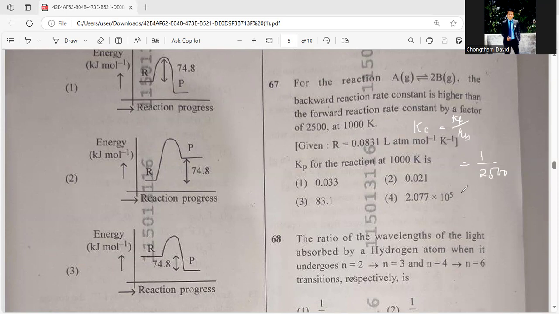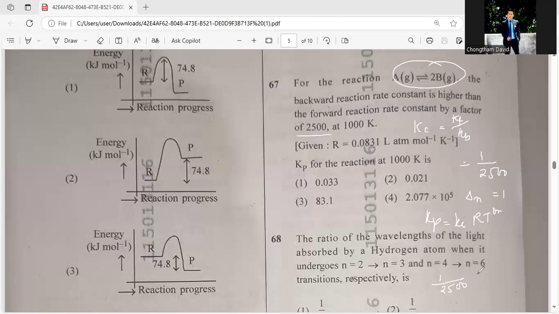And for this reaction, the change in gas mole will be calculated from this. It is 1. What is the relation? Kp equals Kc RT delta Ng. So substitute that value here, which we will be getting 1 by 2500.